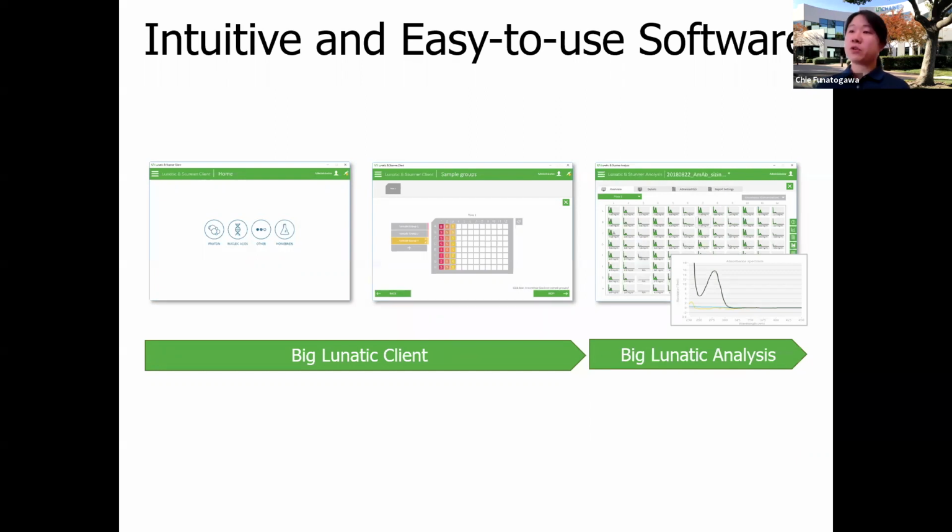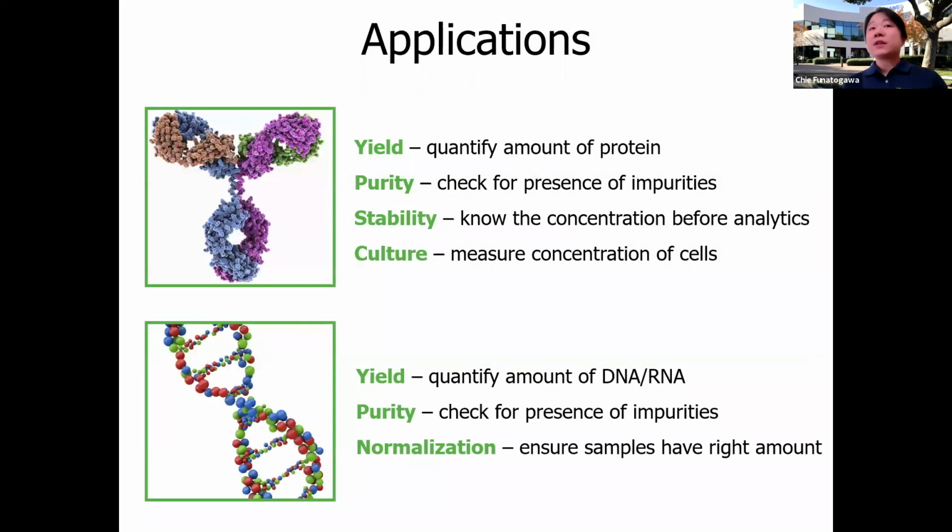So every measurement you make for the absorbance on the Lunatic is measuring that full range. As you can imagine, with just the need to understand the amount that you have, the purity, how stable it is, cultures, and so on, this instrument is really able to be integrated in multiple steps in your workflow.